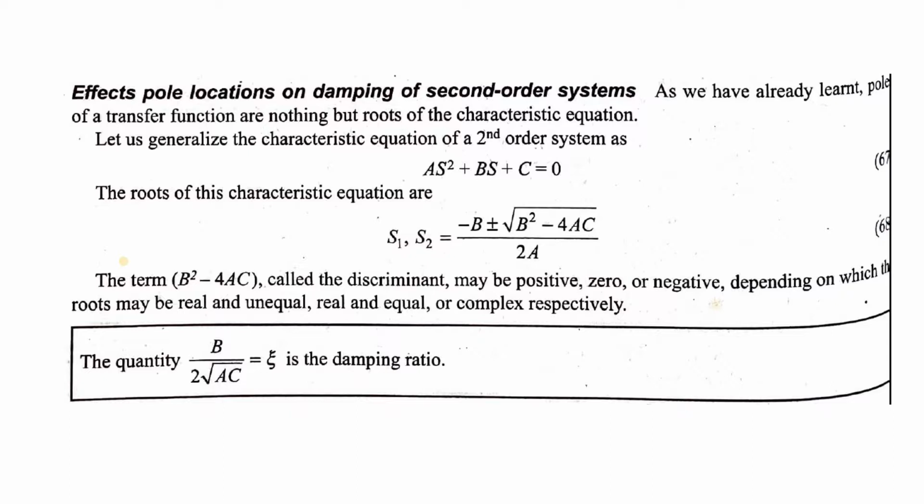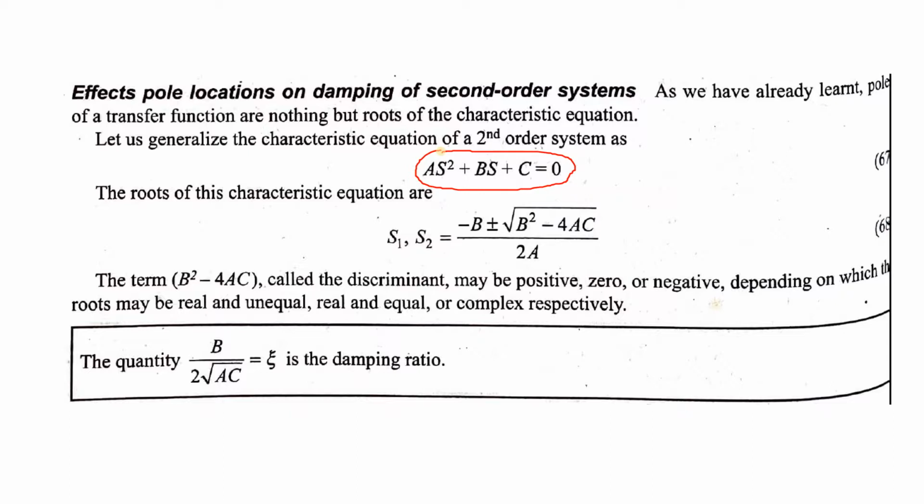To understand this, first of all, we have to go to the basics of this second order system, that is, a second order differential equation or a second order equation. Coming to algebra, suppose this is the second order equation, a s square plus bs plus c equals 0.